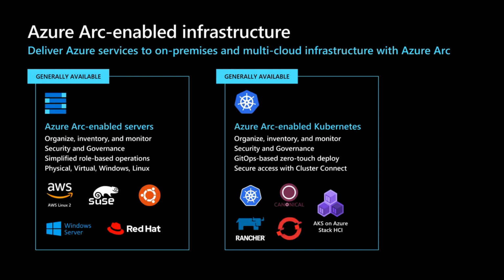This is a really, really cool capability provided by Azure Arc, as well as the ability to do secure access with Cluster Connect. That is having that central control point to manage all of your Kubernetes environments is super slick.